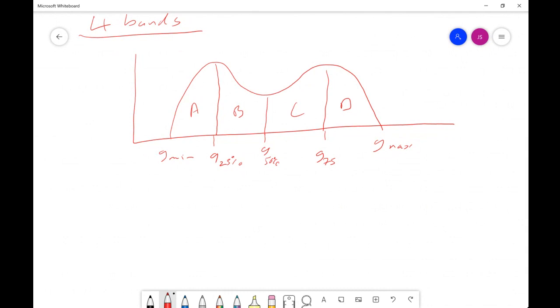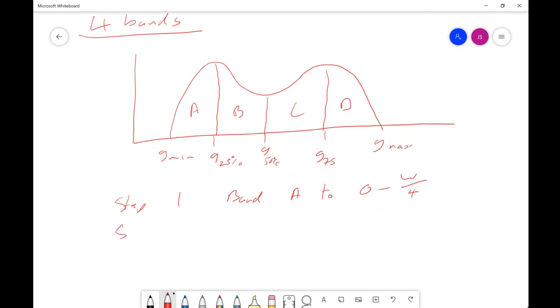Step 1, band A to 0 to W over 4, a quarter of the intensities, which could be done by taking band A, a shift and a multiply.